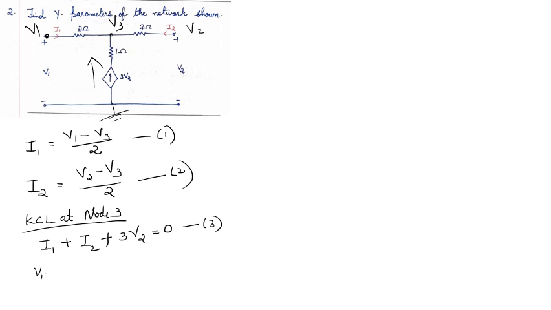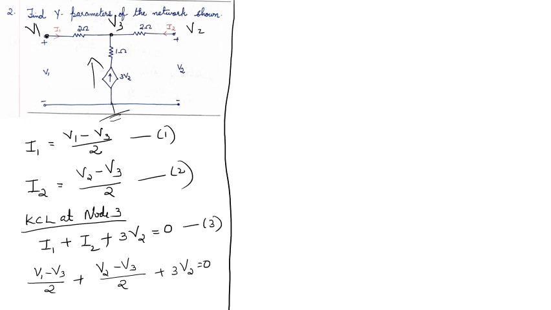It will be V1 minus V3 by 2 plus V2 minus V3 by 2 plus 3V2 equals 0. From here, we will get the value for V3 as 1 by 2 V1 plus 7 by 2 V2. Equation number 4. Now we got the value for V3.